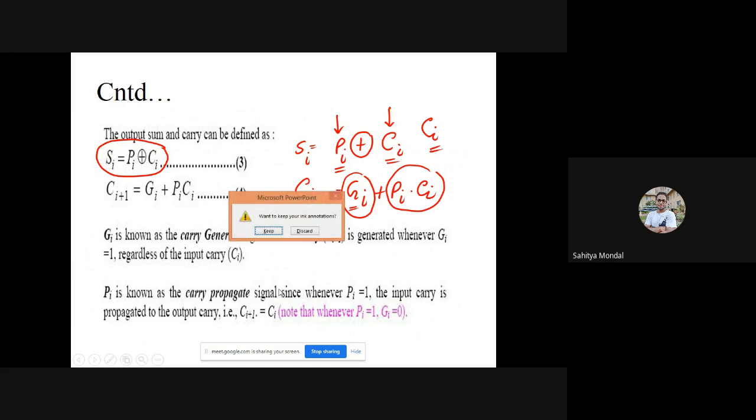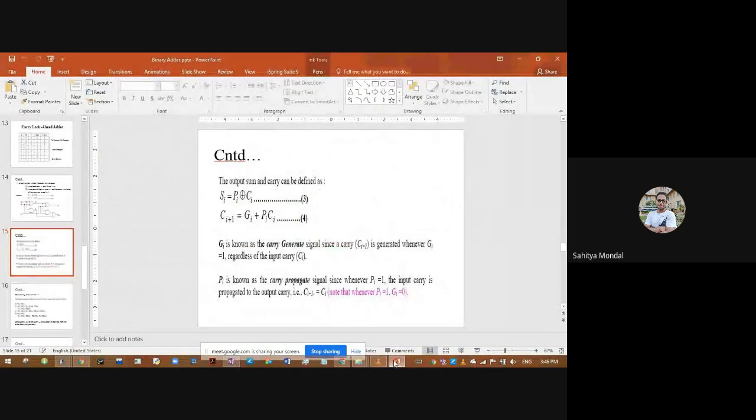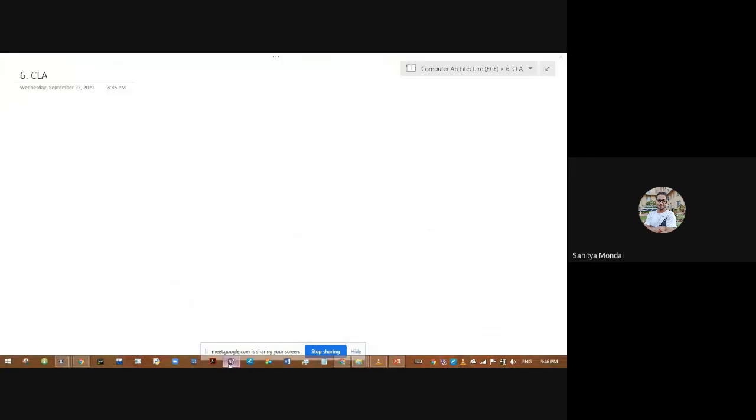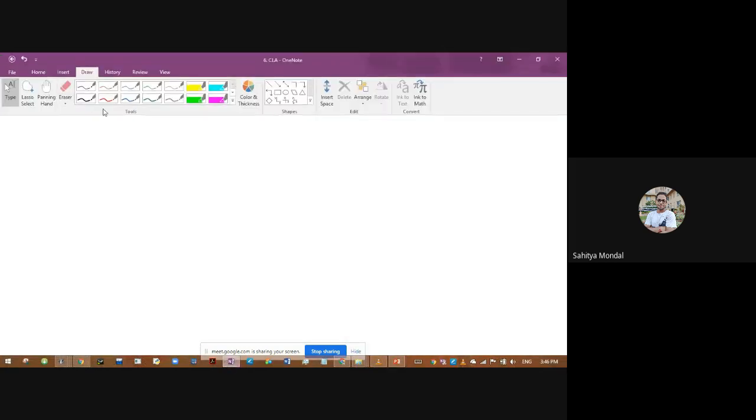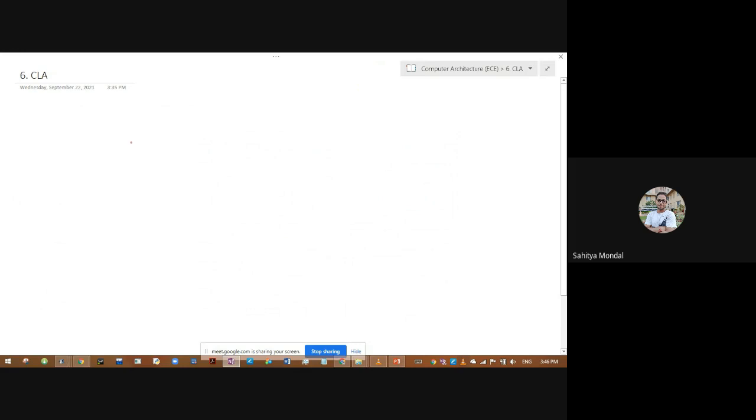Now I am writing the 4 formulas which come from the truth table of the full adder. First one is Pi, which is Ai XOR Bi. This is number 1. Number 2 is Gi, which is nothing but Ai and Bi.